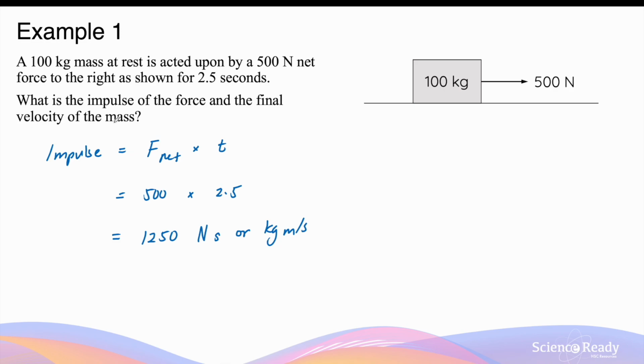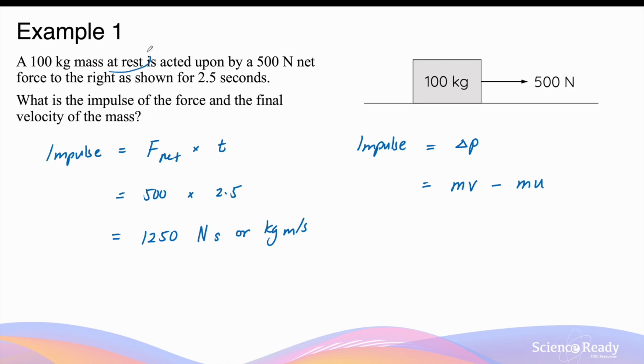To find the final velocity of the mass, we need to consider the alternative equation for impulse, that is, impulse equals the change in momentum of the object. The change in momentum is also equal to its final momentum, that's mv, where v is the final velocity that we are trying to determine, minus mu, where u is the initial velocity.